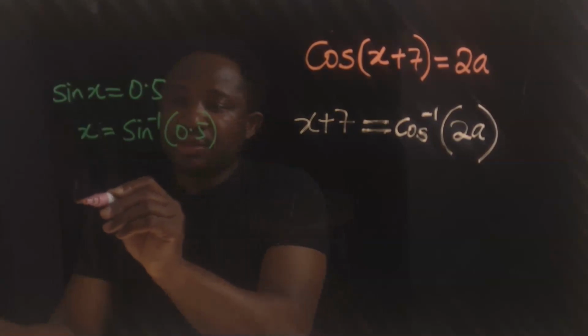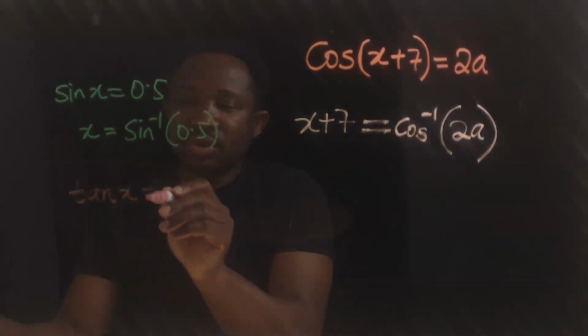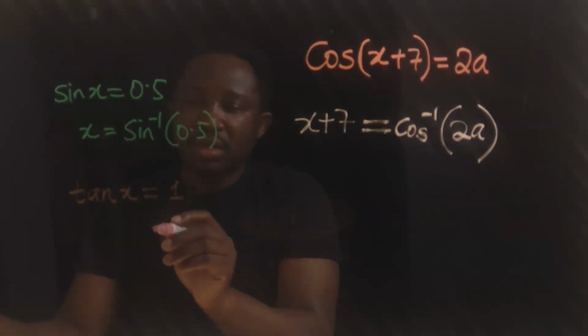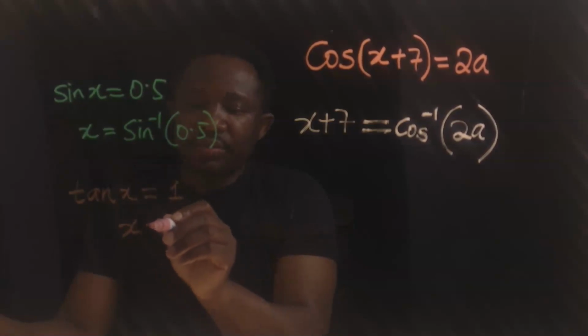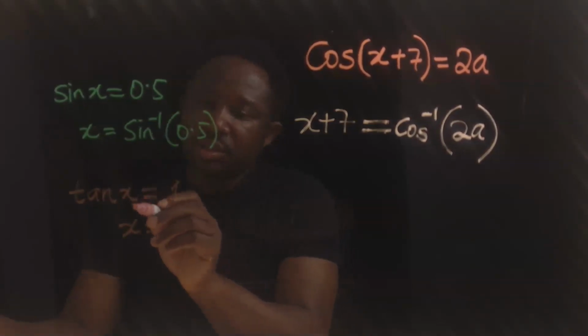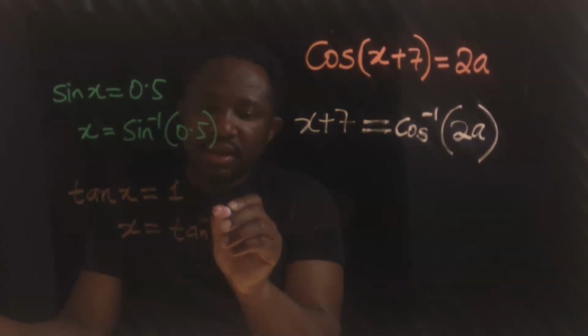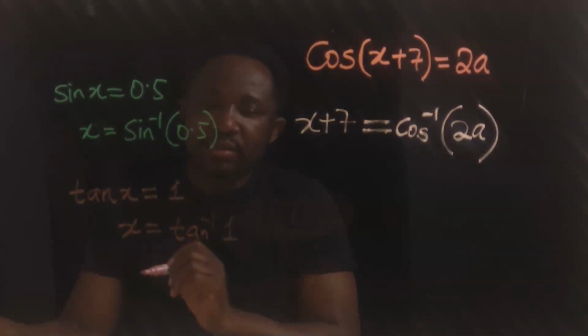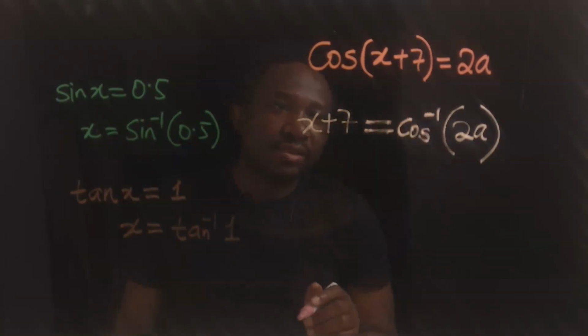We can also experience this if tan is involved. If I want to make x the subject here, x is equal to the tan inverse of 1. This is exactly what I applied to cosine.